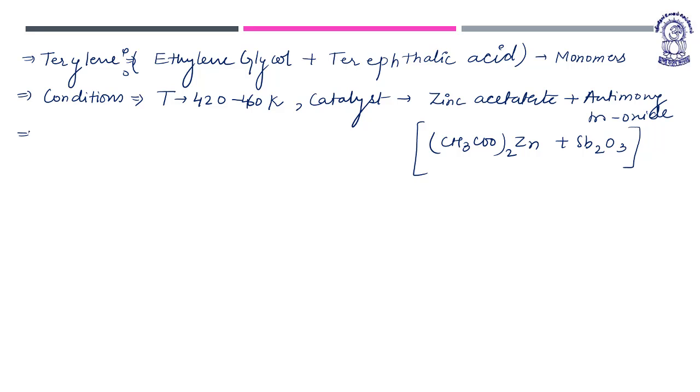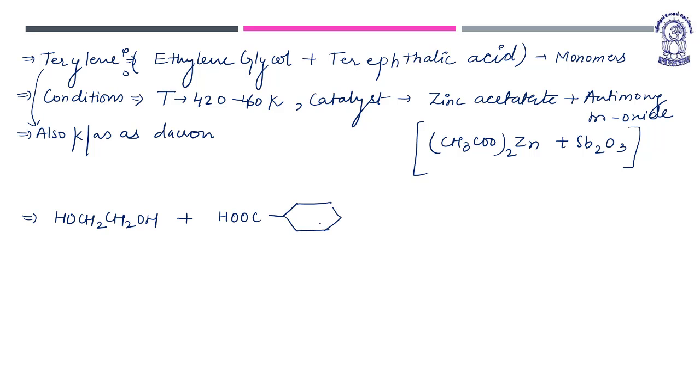Also known as Dacron. Ethylene glycol, ethane 1,2 diol, plus terephthalic acid, acid and alcohol, they form ester linkage. Catalyst is here.